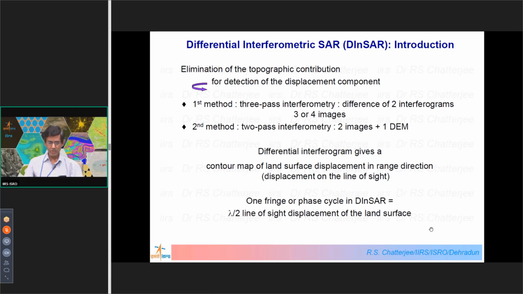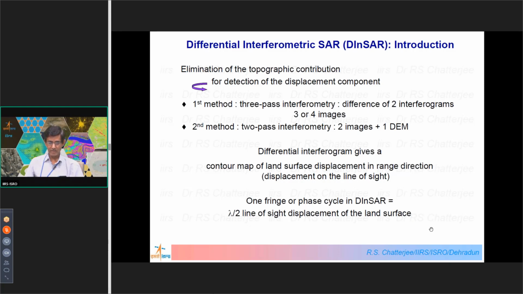Here in this differential interferogram, basically what we represent are different phase cycles. Phase cycles means 2 pi radian phase differences, each phase cycle is known as a fringe. So each fringe in a differential interferogram basically represents lambda by 2, where lambda is the wavelength of the radar data, depending on what kind of radar data you are using.